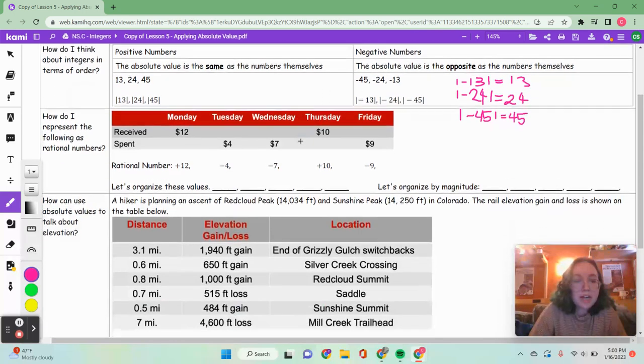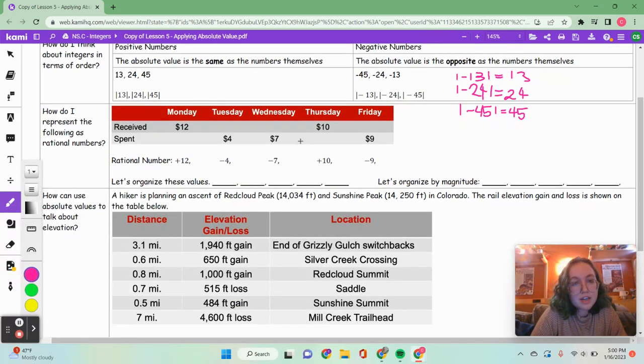So if I'm trying to apply this idea and representing a situation using integers, if I get $12 for shoveling a driveway or something on Monday, and I want to represent that as a gain or a loss, a positive or a negative, I can represent that as a positive 12. Then the next day I spend $4 buying something.